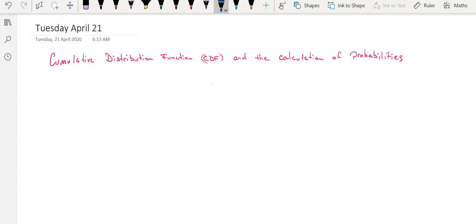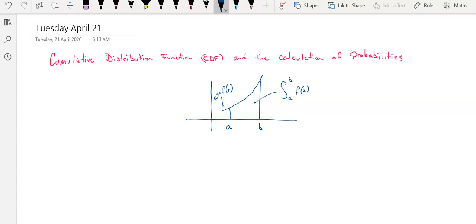If we're looking at probability density functions between endpoints B and A, perhaps, we know that the integral between B and A of this function, if it is defined by y equals f(x), will equal 1.